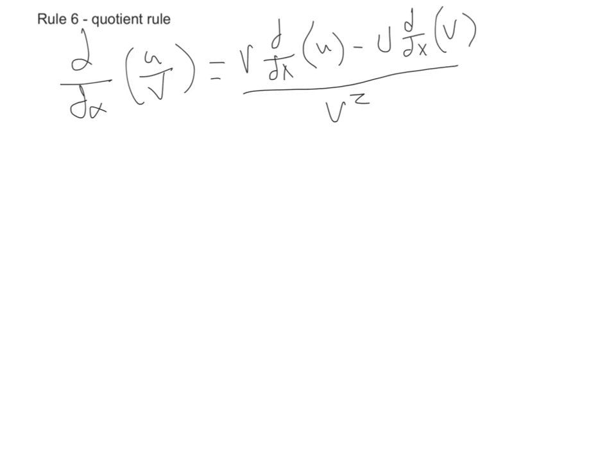I want to find f prime of x if f of x is x cubed minus 4 divided by x squared minus 3.